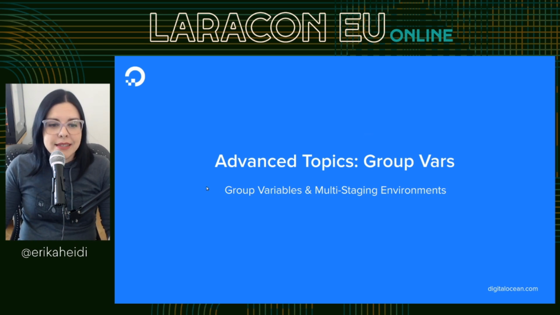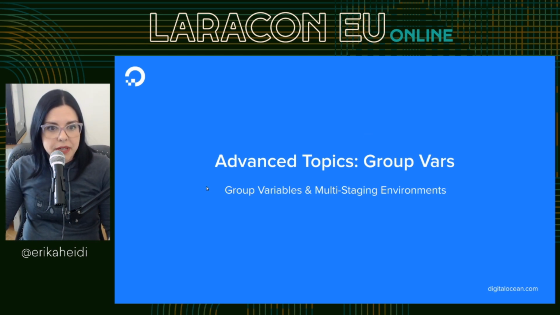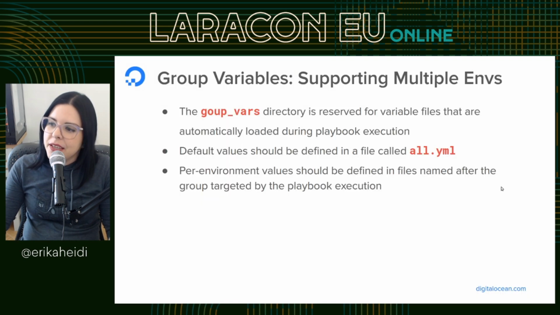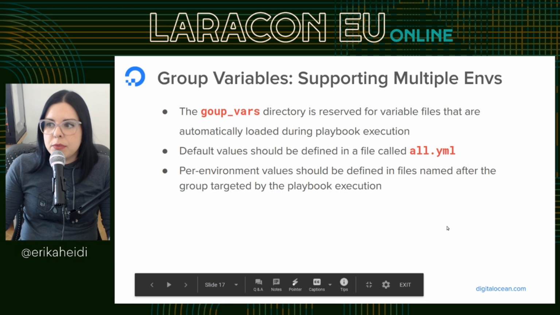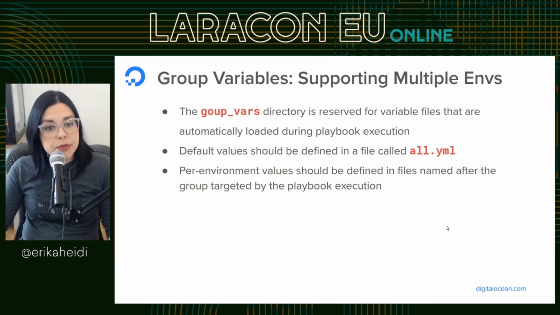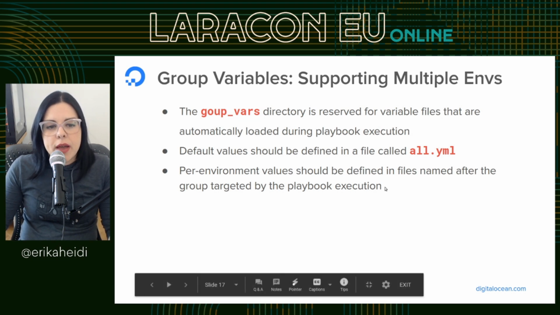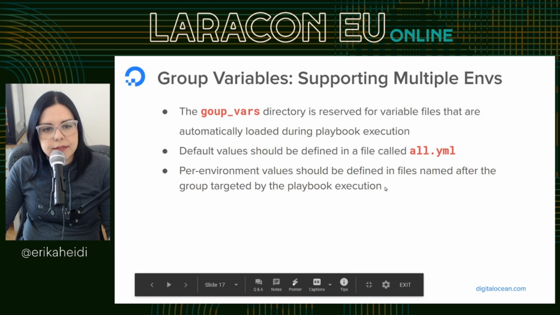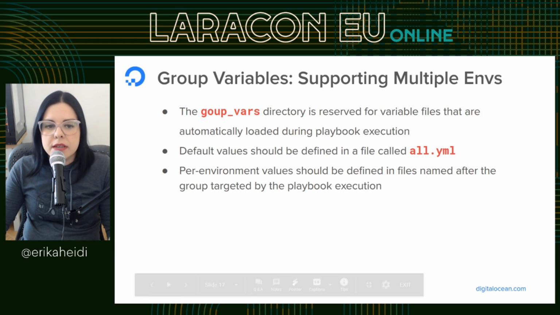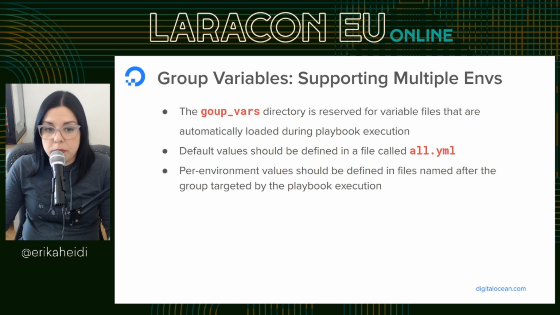Okay, so let's see a few advanced topics before we can actually go to the demo. Group variables are very useful for multiple environments. So let's say you have a production group and a development group, and then you want different credentials, which would be completely normal, expectable, that you have different credentials for the database in each environment.